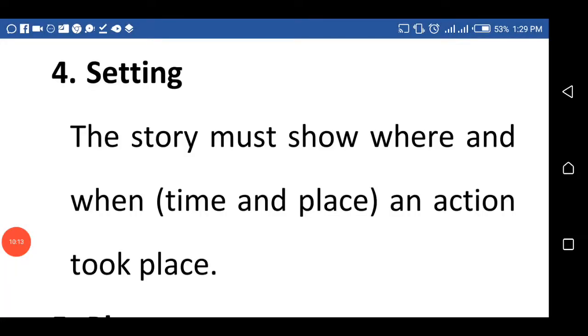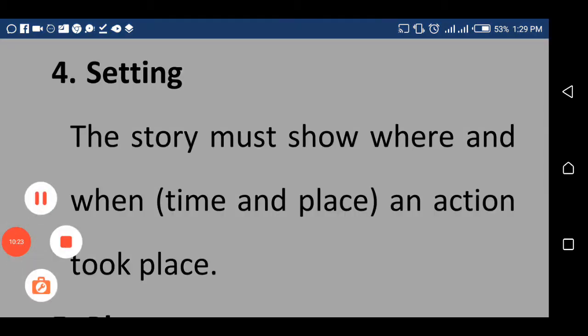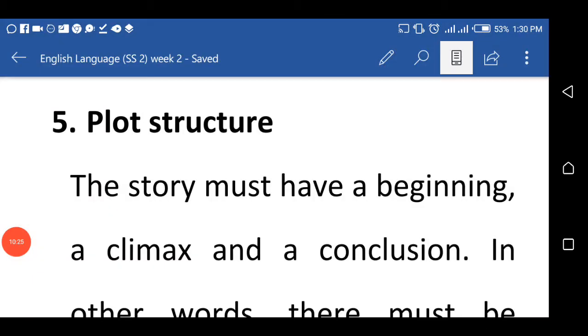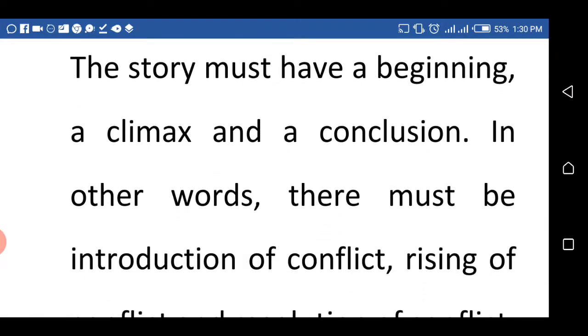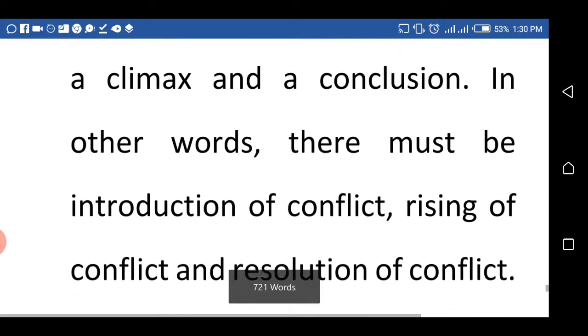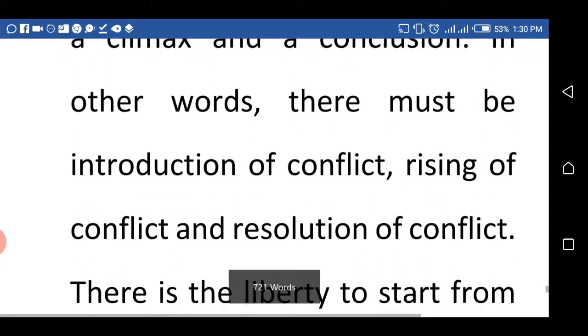Number 4 is setting. The story must show where and when, that is time and place, an action took place. 5 is plot structure. The story must have a beginning, a climax, and a conclusion. In other words, there must be introduction of conflict, rising of conflict, and resolution of conflict.